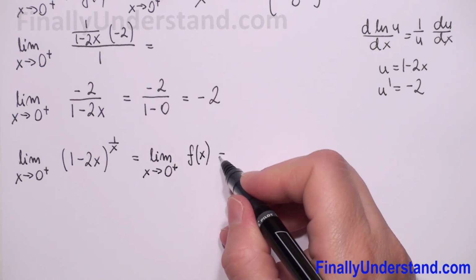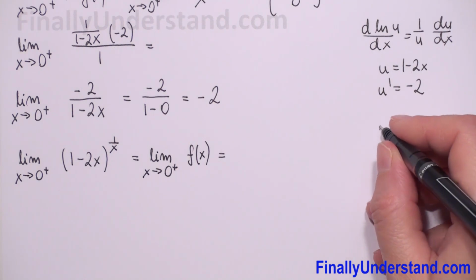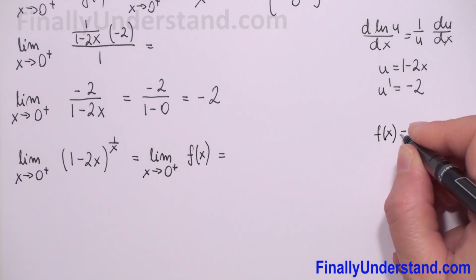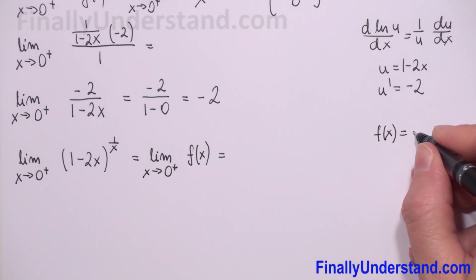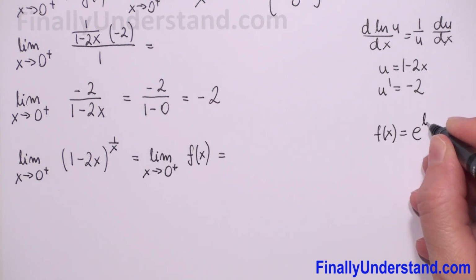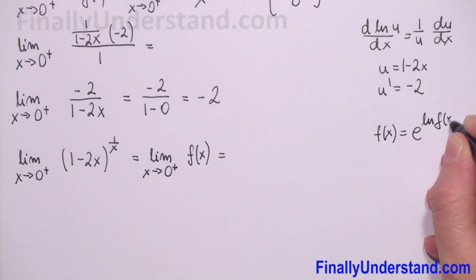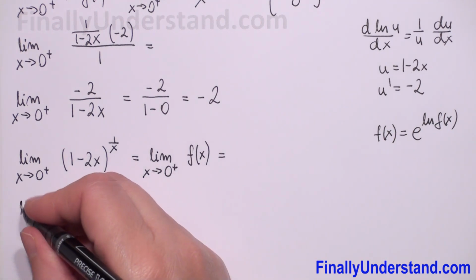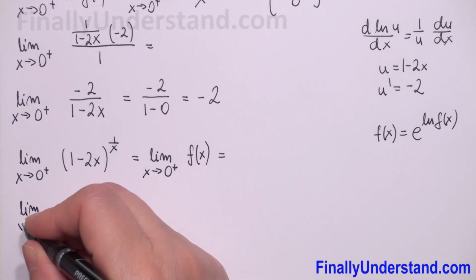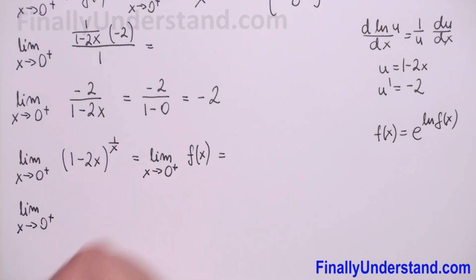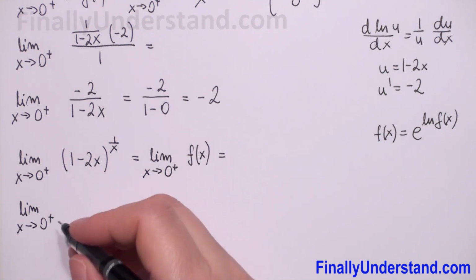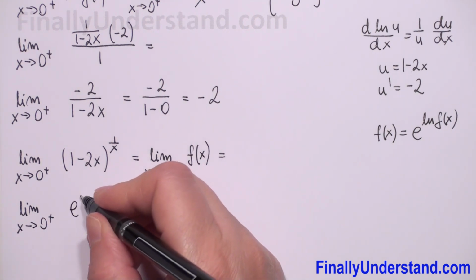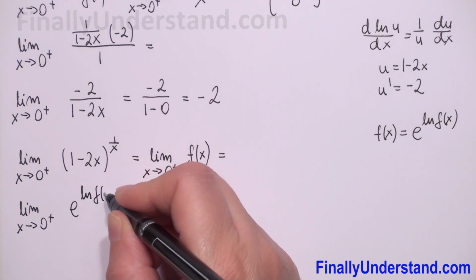I will rewrite f of x using this formula: f of x is equal to e to the power natural logarithm of f of x. So we have the limit as x approaches 0 from right of e to the power natural logarithm of f of x.